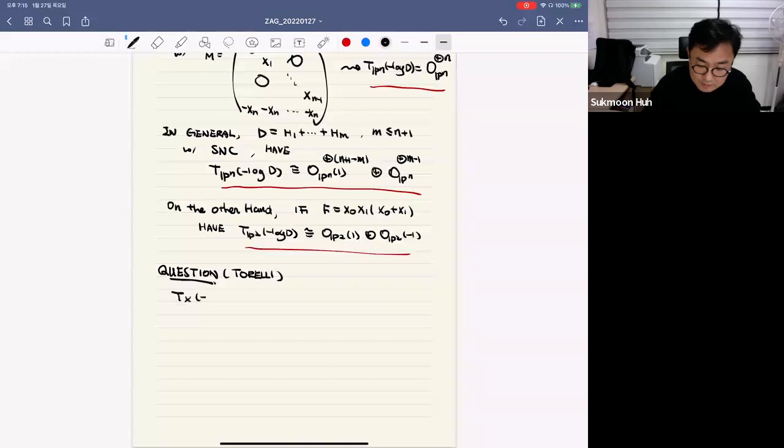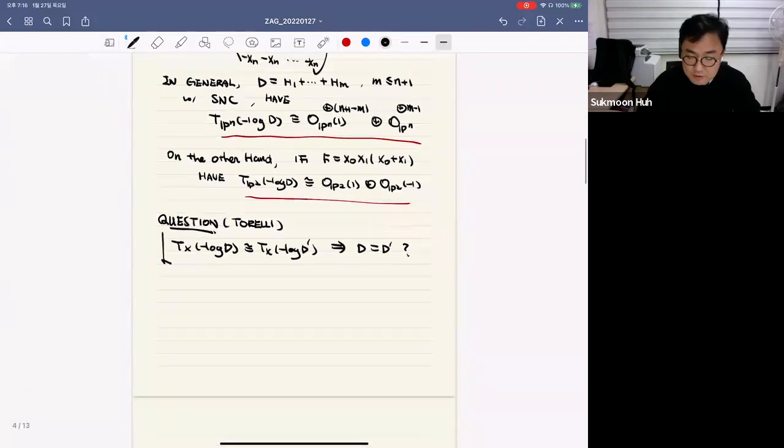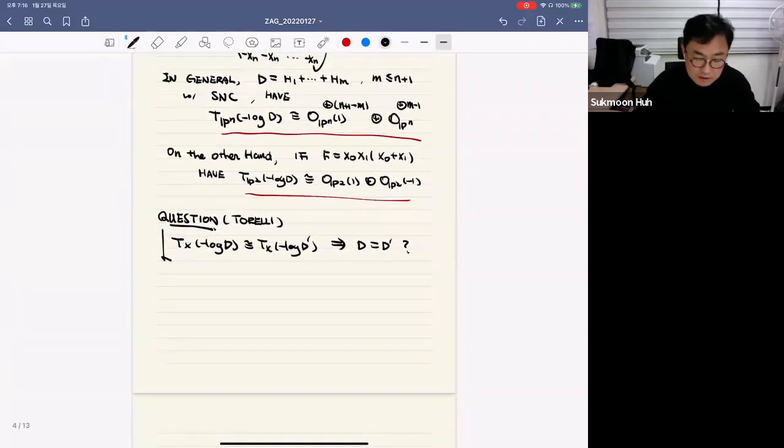So if for two divisors D and D prime, whose logarithmic tangent bundles or tangent sheaves are isomorphic to each other, then when can we say that D and D prime are the same? So here I'm saying the same, not equivalent.